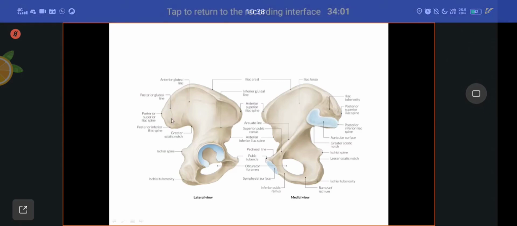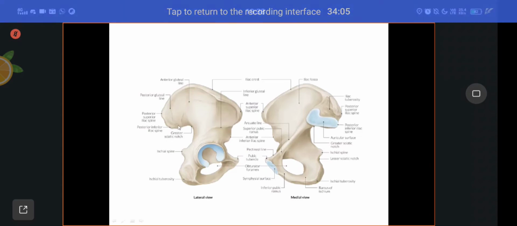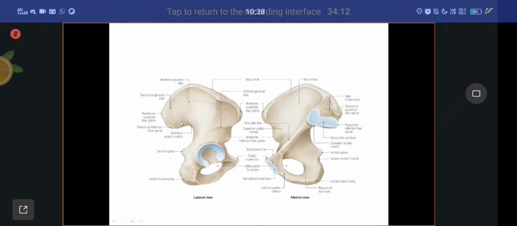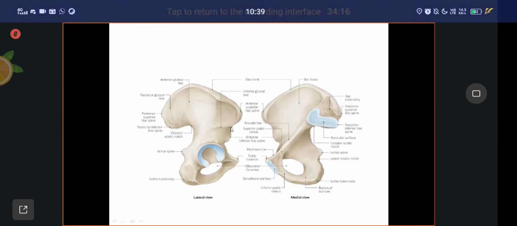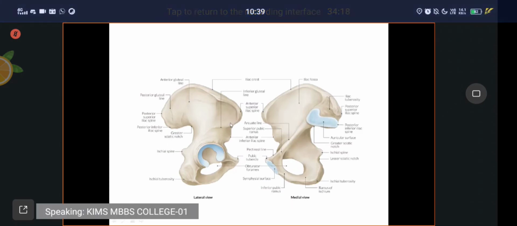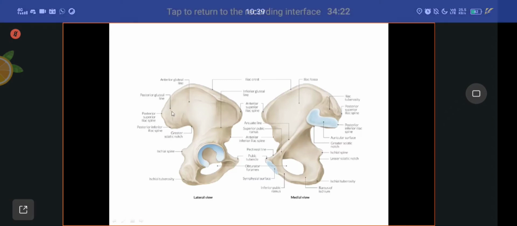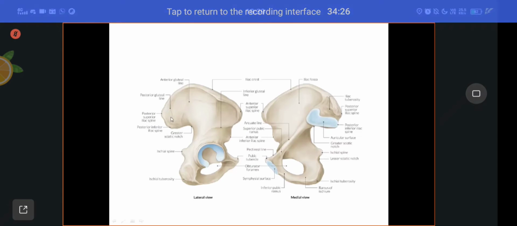So what are those 3 lines? Those 3 lines are the posterior gluteal line, the anterior gluteal line, and the inferior gluteal line. I will repeat it once again. The gluteal surface is divided into 4 areas by 3 imaginary lines.